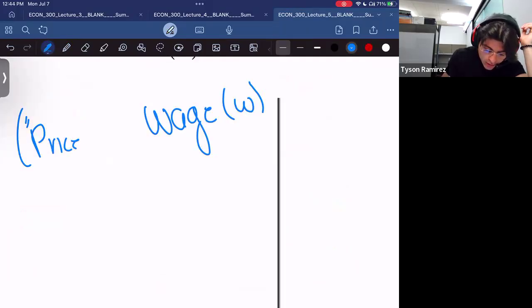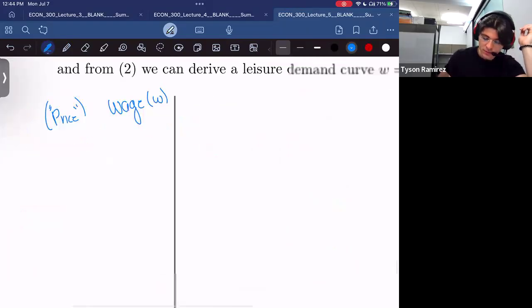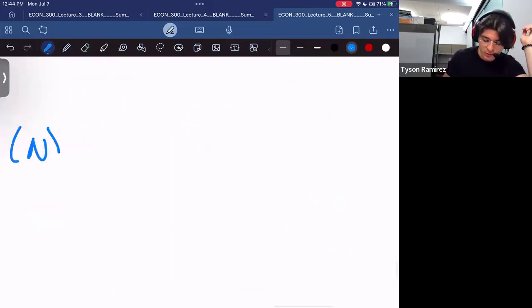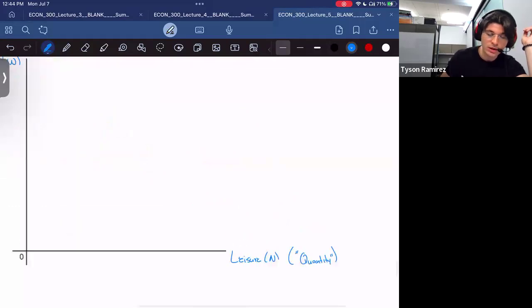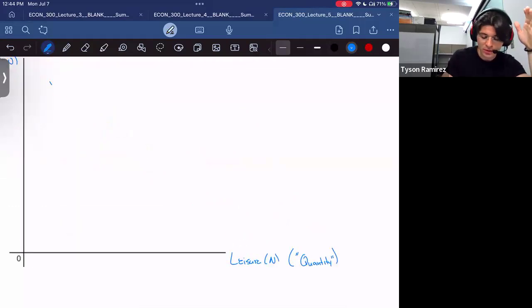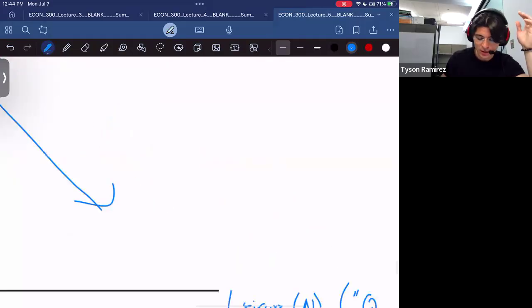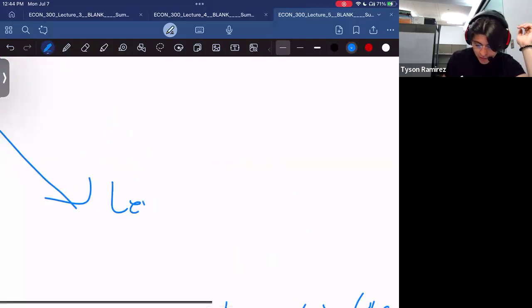So this is your price, and this is your quantity. All right. And here is where we see the more typical downward sloping demand, except this is specifically the leisure demand curve.